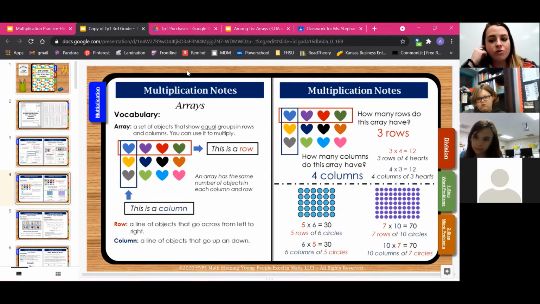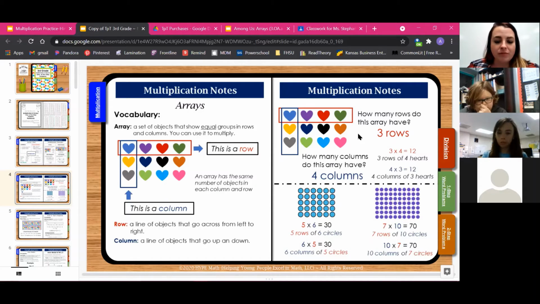So how many rows does this array have? Katie, can you answer? 4. No. We want to know rows. The rows go left to right. So how many of these red boxes do we have if we red boxed each row? How many? 3. 3.